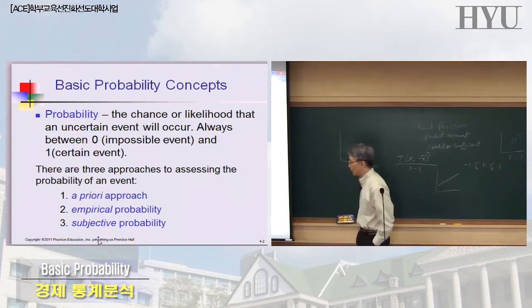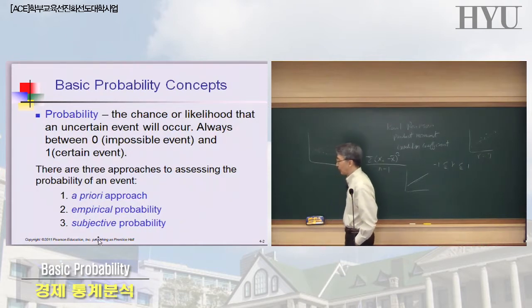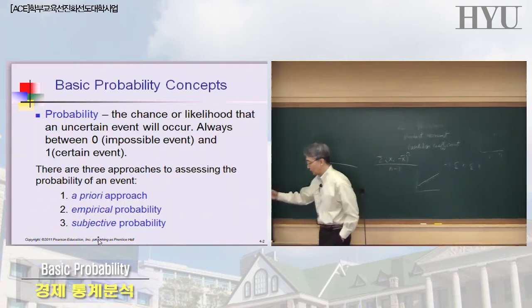In statistics, we typically say there are 3 different approaches through which we come up with the probability of an event. And these are the 3 different approaches.